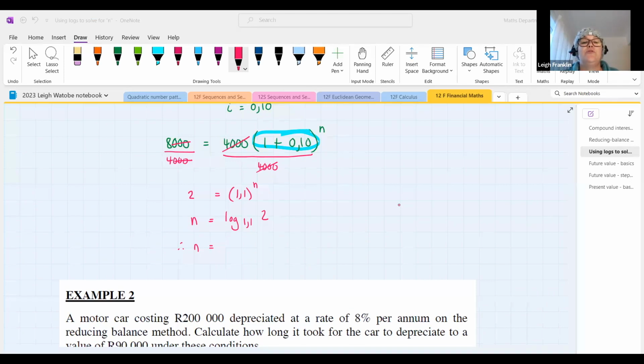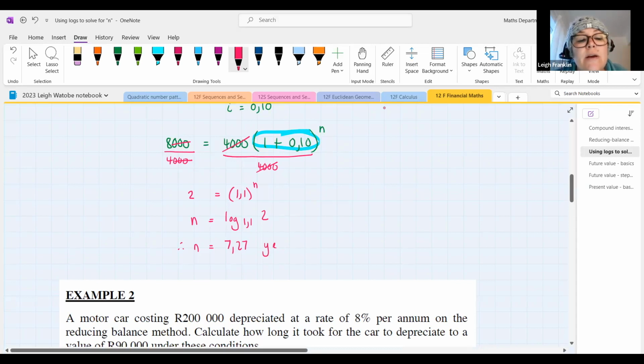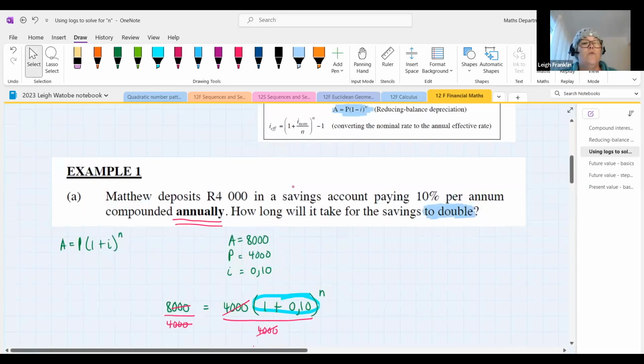Good, good, good. Mikhail, Andamiso, Botomelo. Lovely. Okay, so that would be 7,27. So it would take 7,27 years in order for Matthew's deposit of 4,000 Rand to grow into 8,000 Rand.